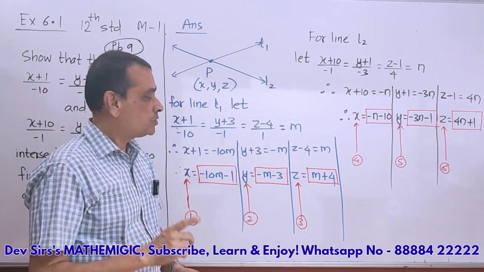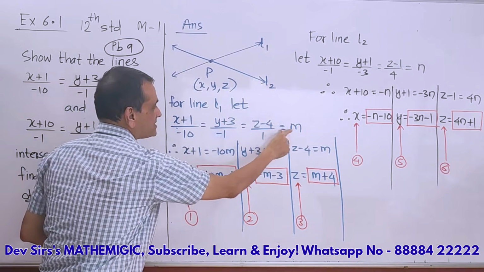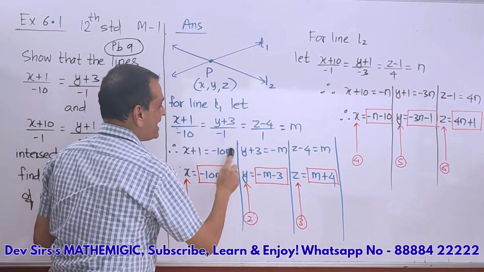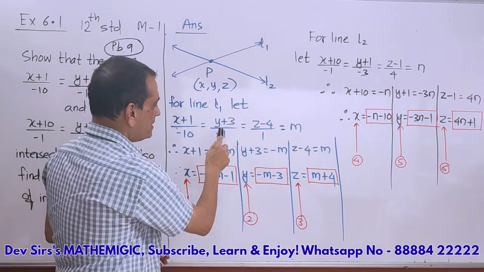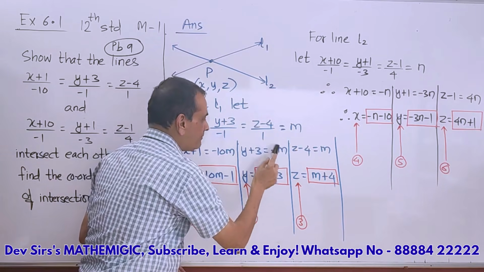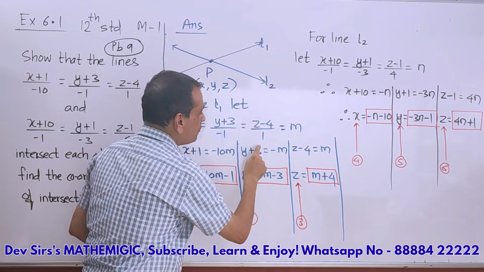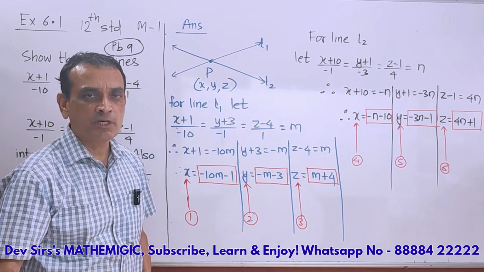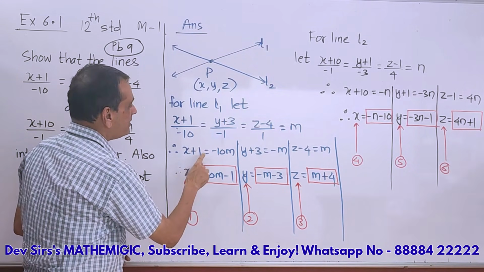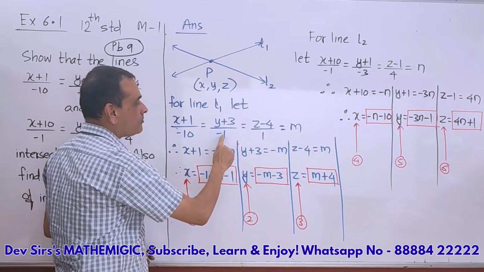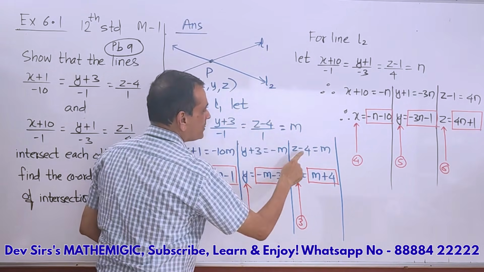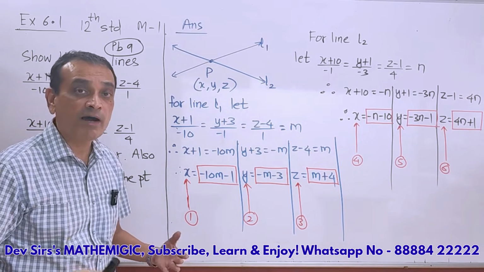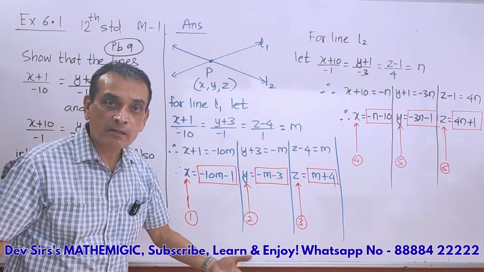If you take this and the last one, after I cross multiply, what do I get? X plus 1 is equal to minus 10M. Y plus 3 is equal to minus 1 into M, that is minus M. Z minus 4 is equal to 1 into M. I cross multiplied one ratio at a time. Now I am separating out x, y, z, because I have taken x, y, z here.